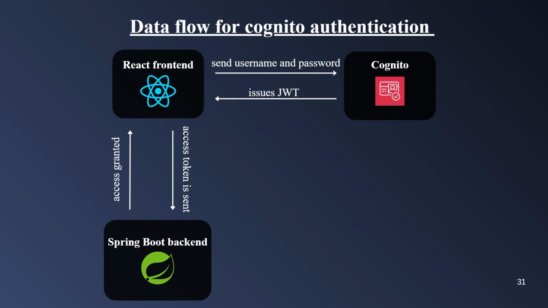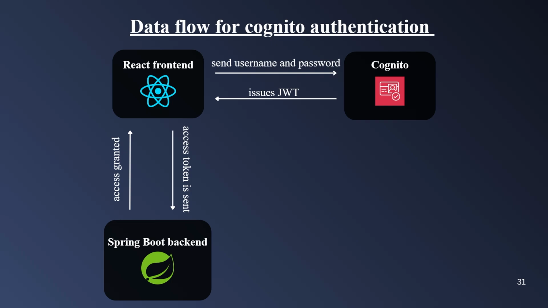So yes, I'll just maybe give you a quick idea on this data flow. From our front end, we are sending a username and a password. Cognito will then verify and issue a JWT, right? Even this JWT generation, we are not writing any code for it, right? Cognito takes care of it for us.